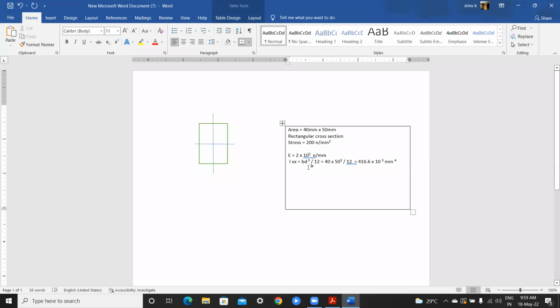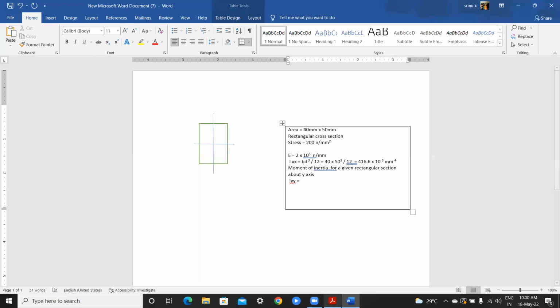So same, we have to calculate the moment of inertia for a given rectangular section about the y-axis. About the y-axis, Iyy is equal to DB cube by 12.